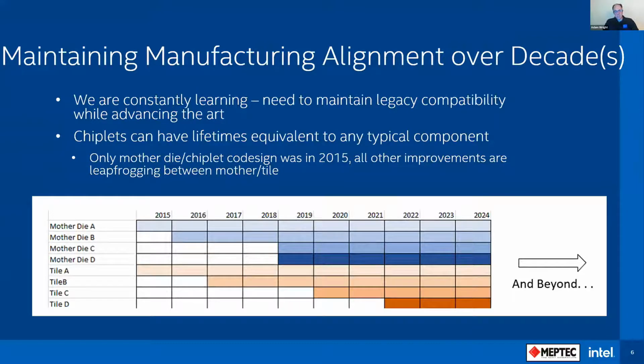This is sanitized somewhat, but it is our real tile and mother die combination rollout, a reflection of a real schedule of our mother dice and tile dice. And we can mix and match any tile with any base die.